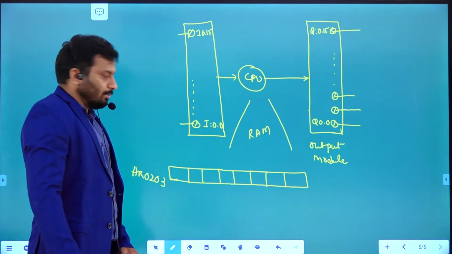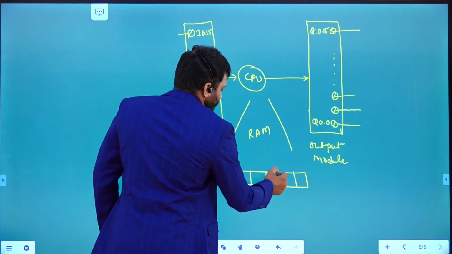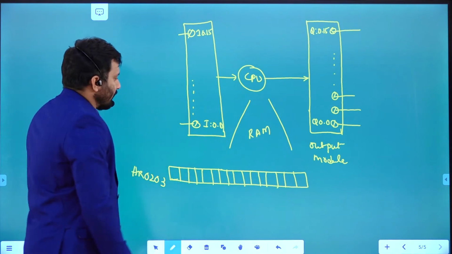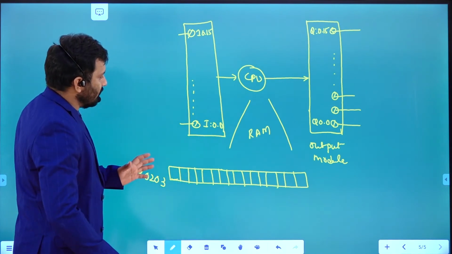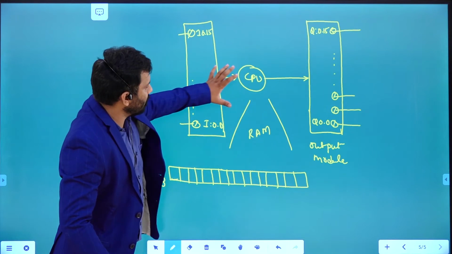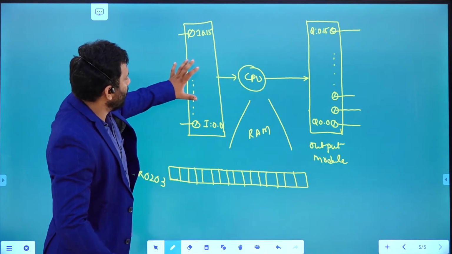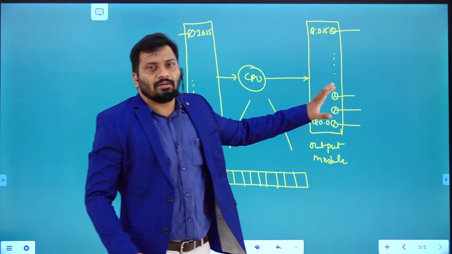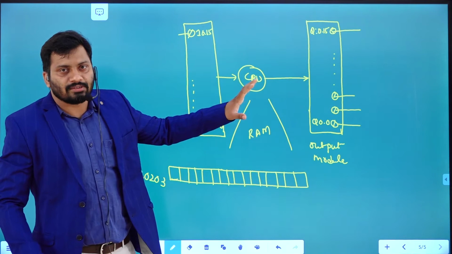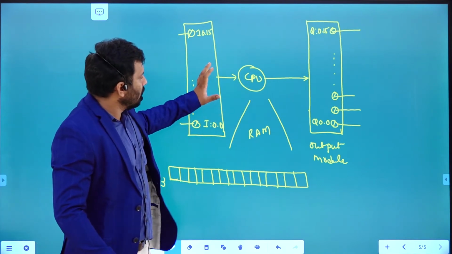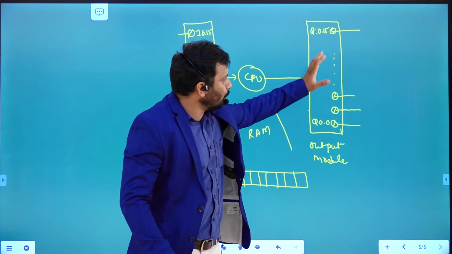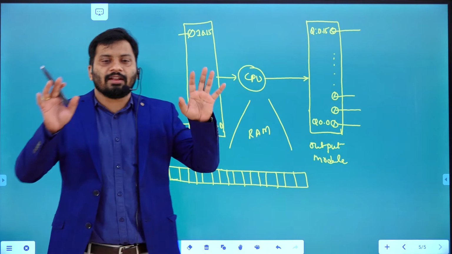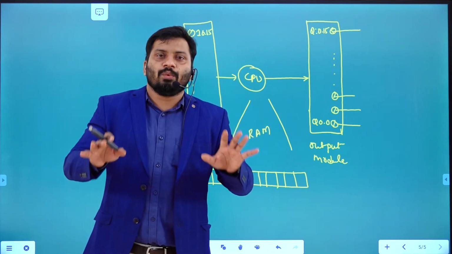What I am going to say is, without taking inputs from the input module, is there a possibility to control the output devices? That is what we need to understand. Yes, there is a possibility, by storing some data in any holding register that we have internally in the RAM.